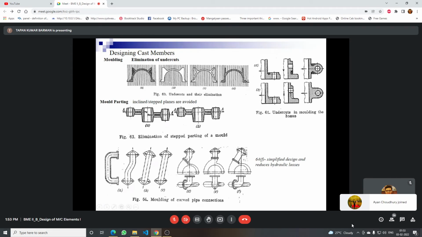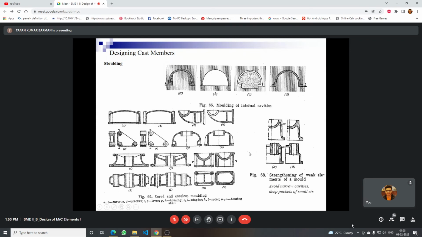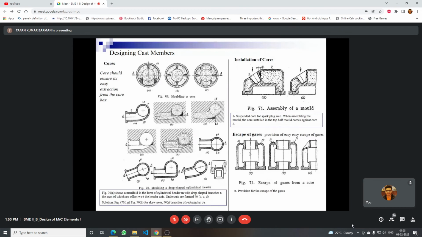Then hydraulic loss here also can be minimized. You know what is hydraulic loss. So here also we can avoid this thing. We can simplify the design, and also we can minimize the hydraulic loss there. So this way there are different points in casting also. Already in the presentation, we have put some points.